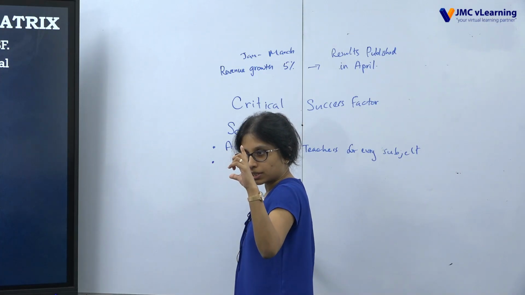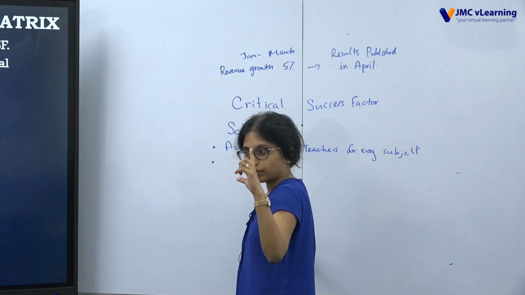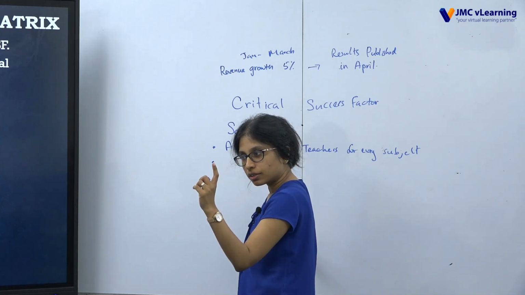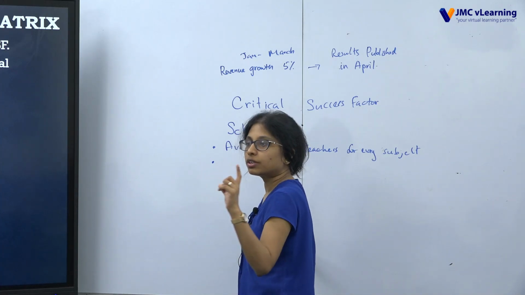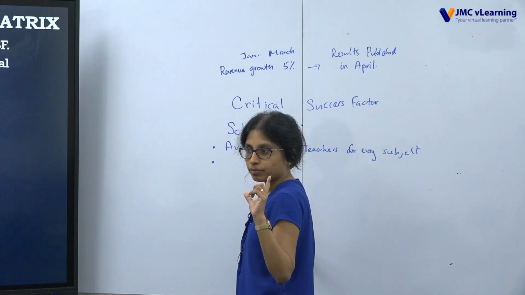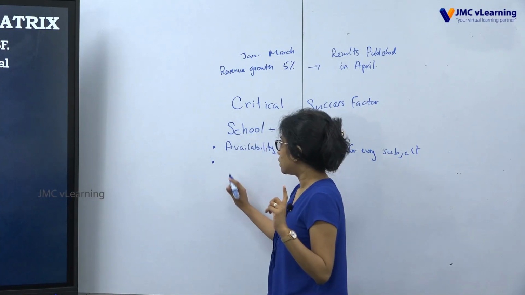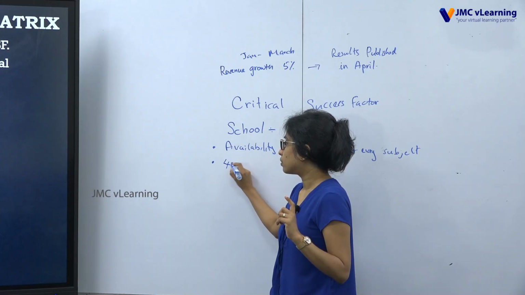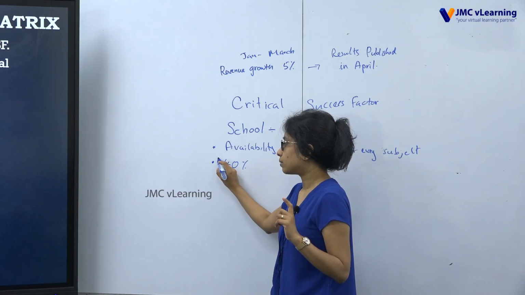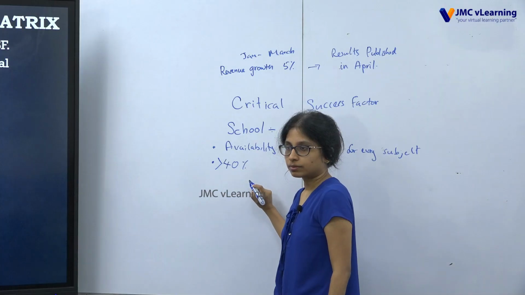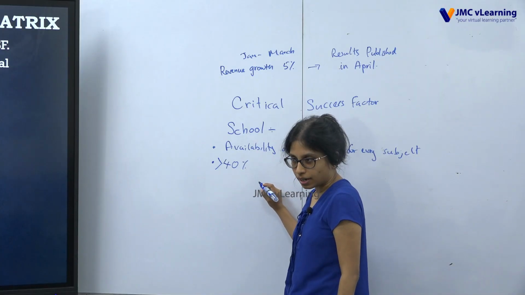If the number of subjects is 100, for 30 of them you have teachers. So the KPI should be at all times more than 40%. You can start with that, no?